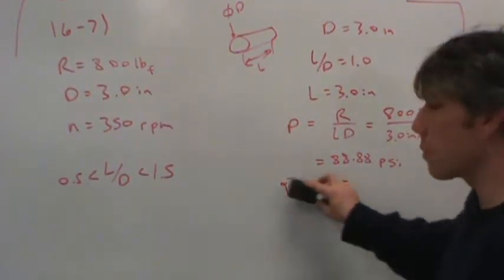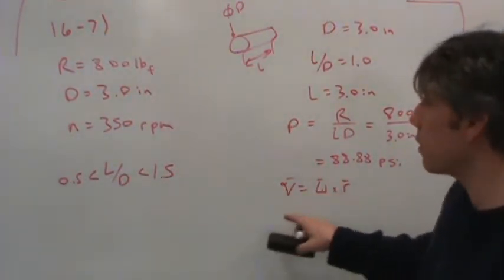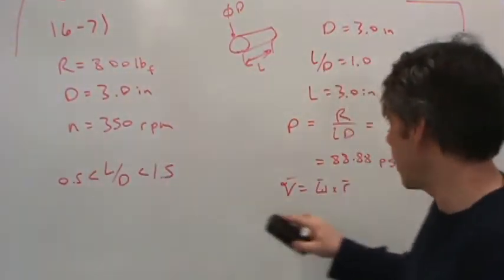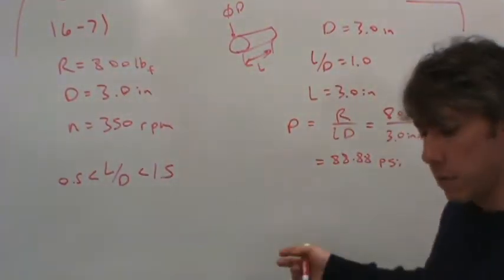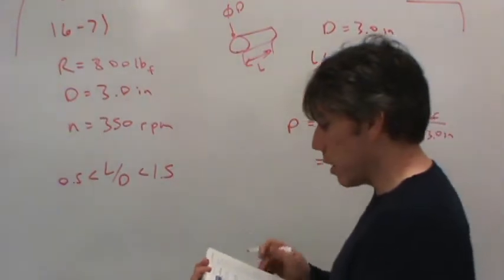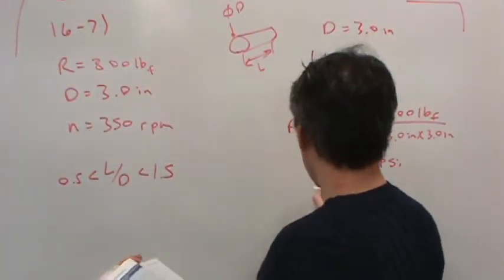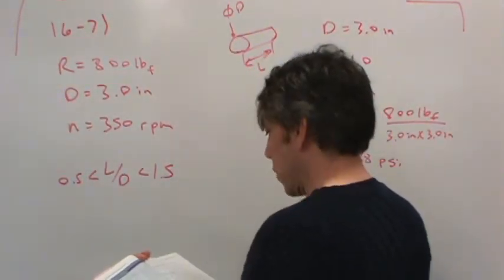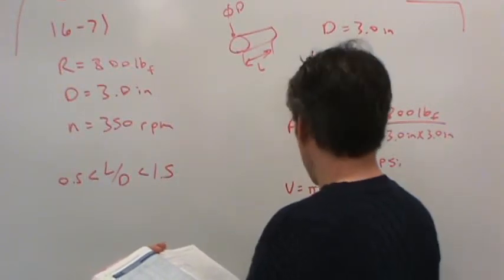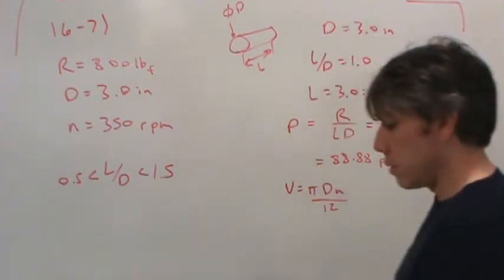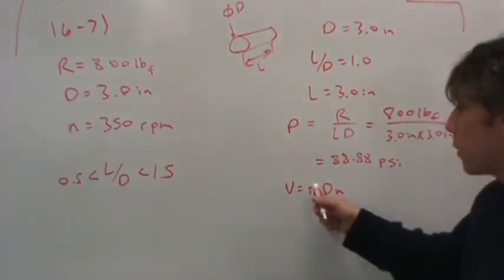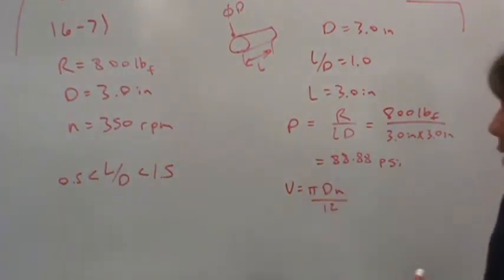Since this has some conversion factors in it, if you have an angular speed in revolutions per minute, your author is giving you some convenient equations. And our particular equation, we're in US customary units, so it will be velocity is pi D n over 12. So if you're wondering where the 12 and the pi came from, essentially they're conversion factors.